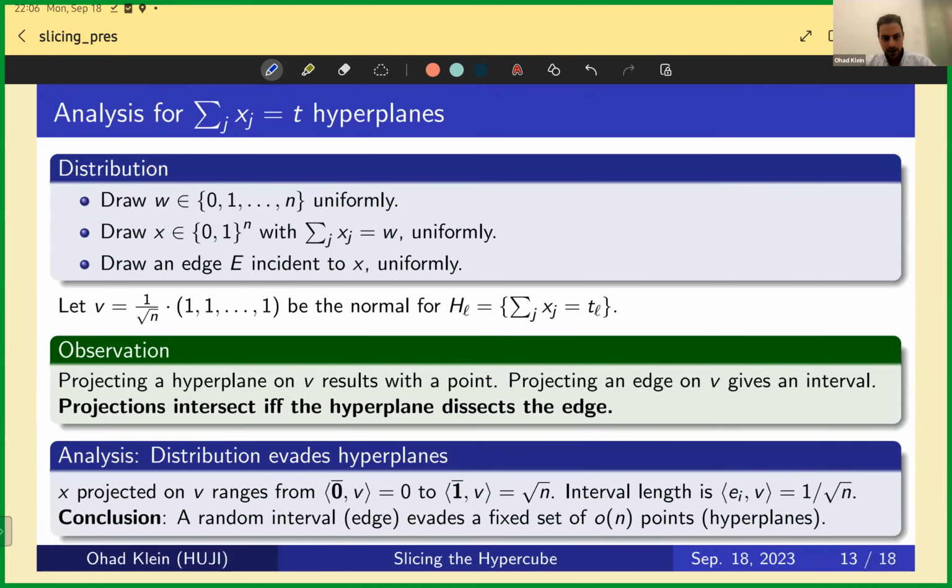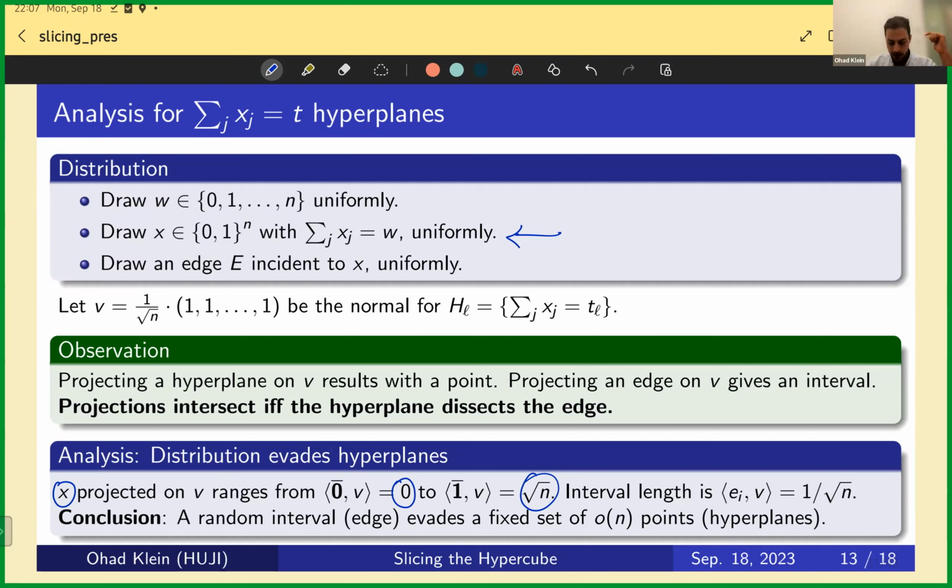So now let us see again why the probability that a random edge intersects a given hyperplane is only about 1/n. So for our random x that we draw, if we project x on V, we get any value going from 0 up to square root of n.